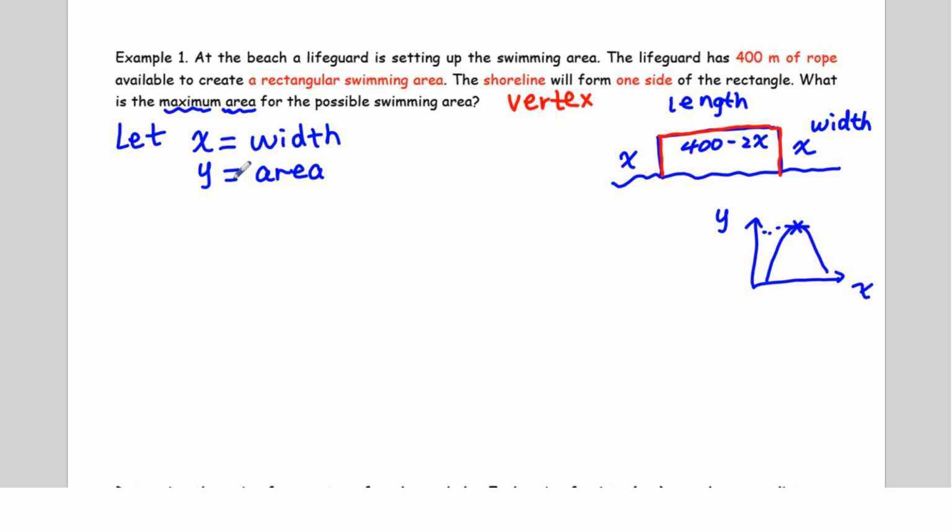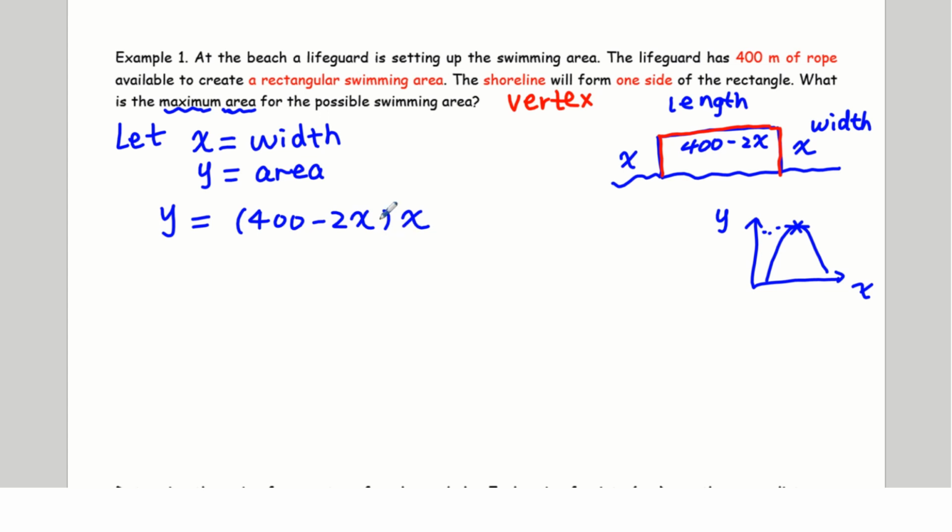So two variables are introduced, then we write y in terms of x. y is area, which equals length times width, so it's 400 minus 2x, then times x.